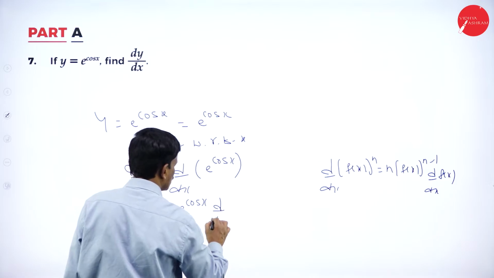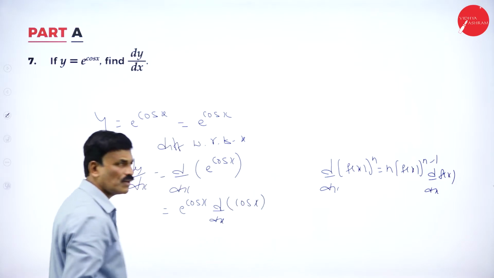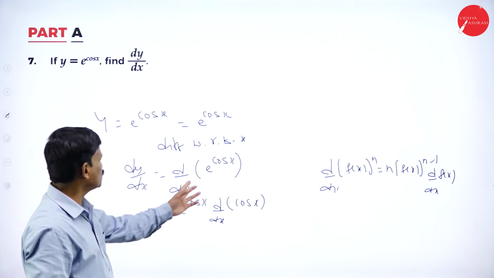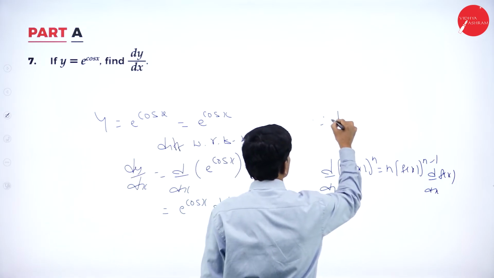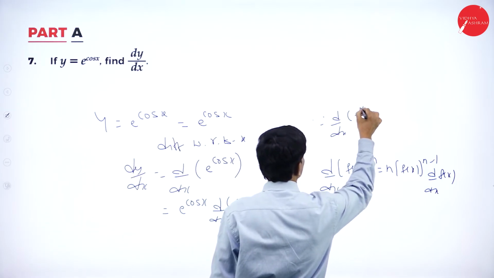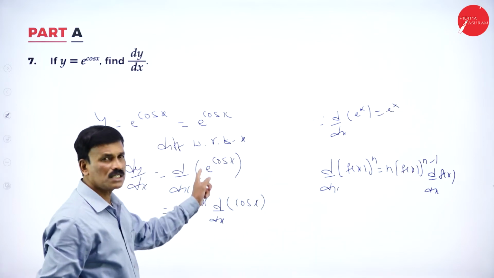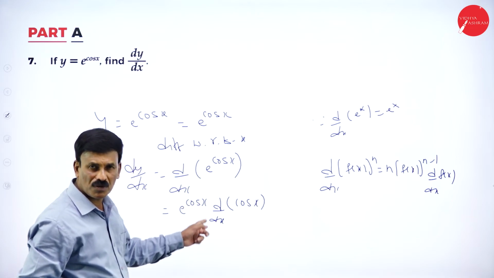Let us consider this as x, since d by dx of e power x is e power x itself. Differentiation of e power x is e power x, meaning e to the power of cos x.